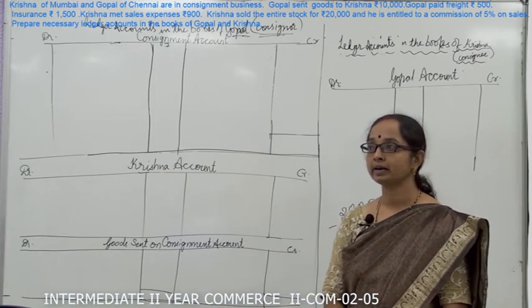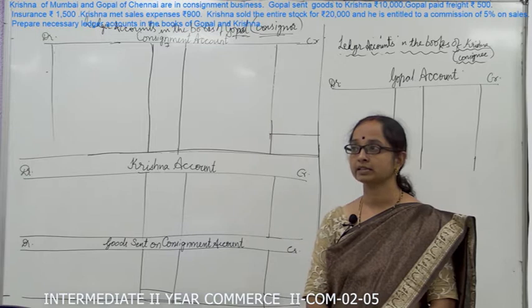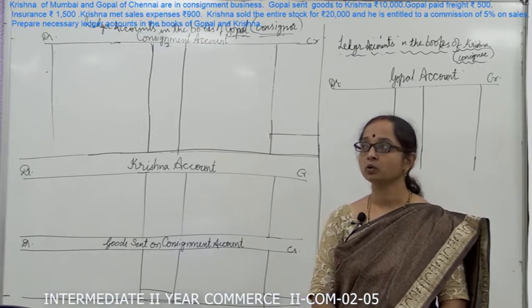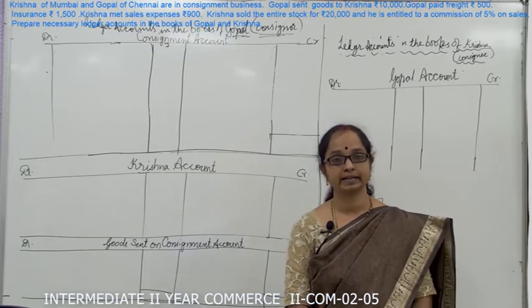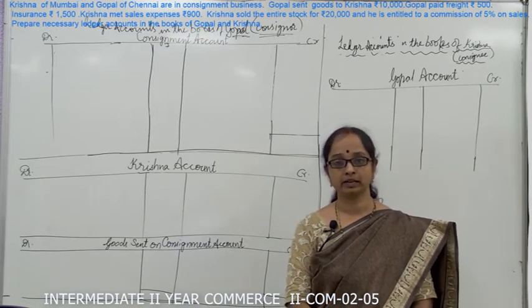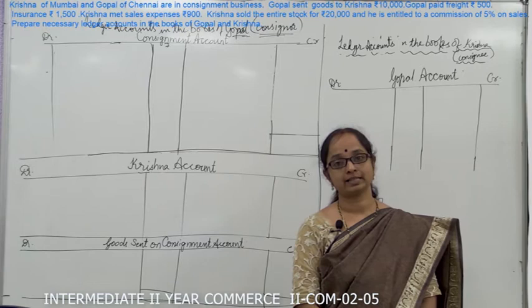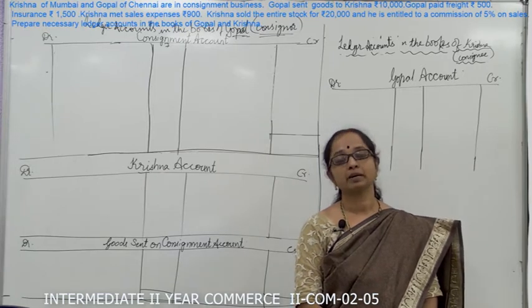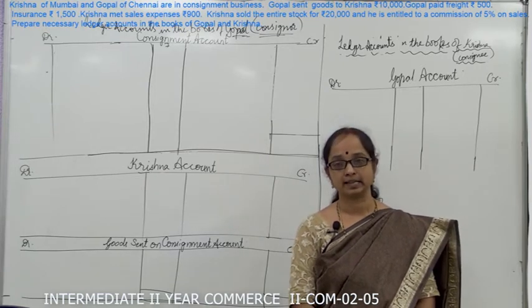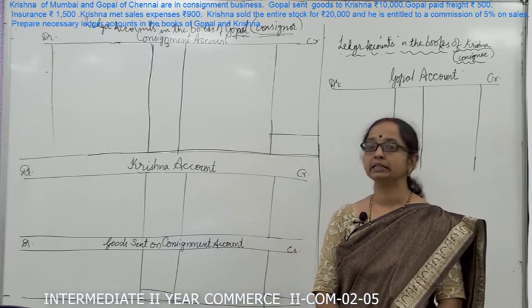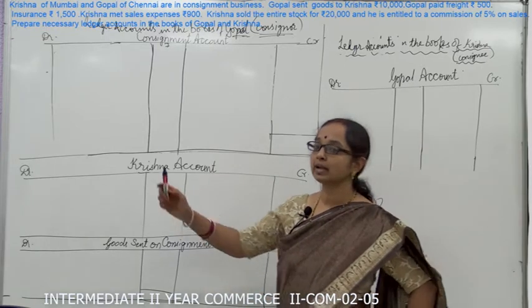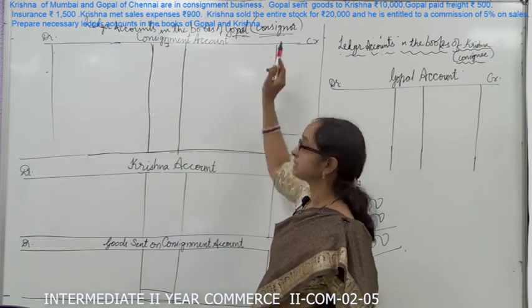Krishna of Mumbai and Gopal of Chennai are in consignment business. So Gopal sent goods to Krishna, 10,000 rupees. So Gopal is sending the goods as per our consignment. The person who sends the goods is a consignor. So now who is sending the goods here? Gopal is sending the goods. That is the reason why we have written Gopal as consignor.